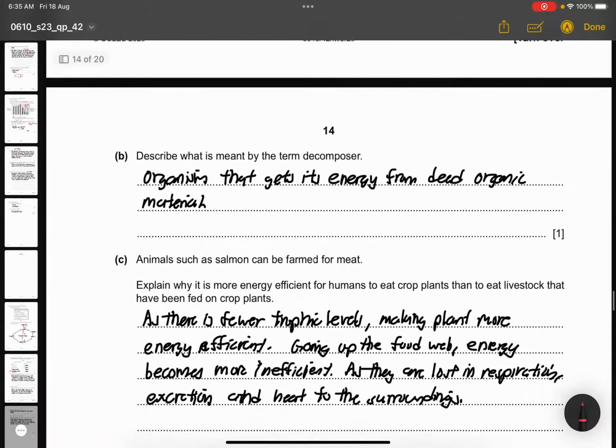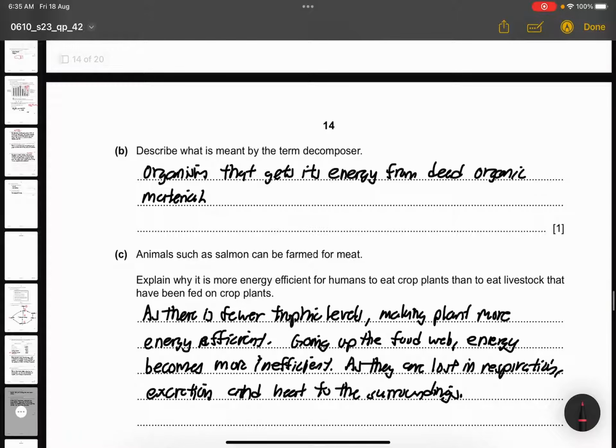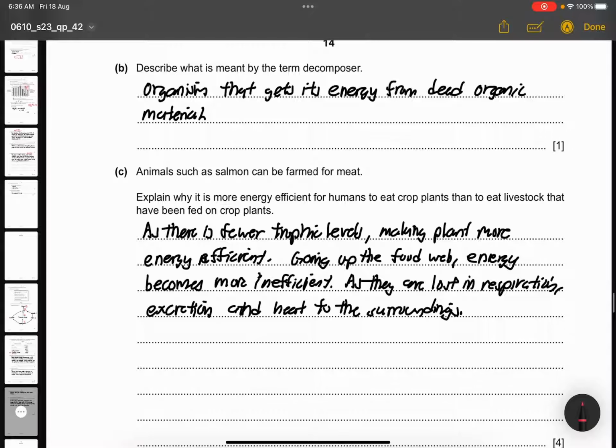Okay, question B, describe what is meant by the term decomposer. So decomposer means an organism that gets its energy from dead organic material. Okay, part C. Animals such as salmon can be farmed for meat. Explain why it is more energy efficient for humans to eat crop plants than to eat livestock that have been fed on crop plants.